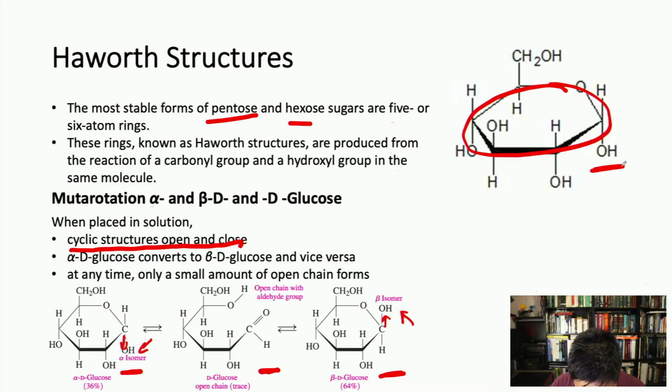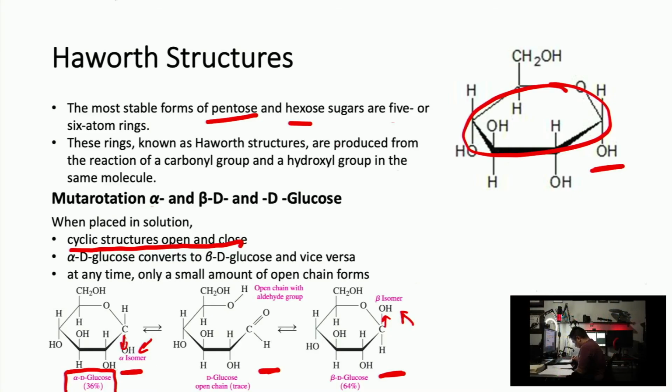And both the alpha and the beta versions of D-glucose are prevalent, right? 36% of the alpha, 64% of the beta. So both are very prevalent in nature. The thing that's not prevalent in nature is the open chain, only trace amounts, in solution when they're going back and forth like this.